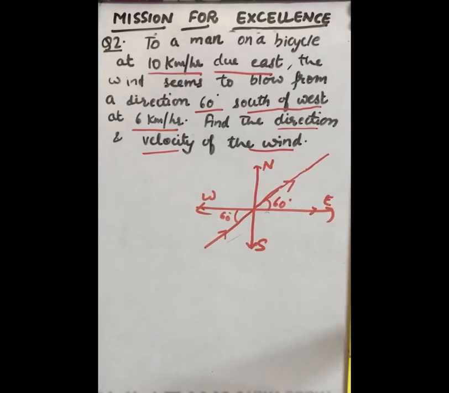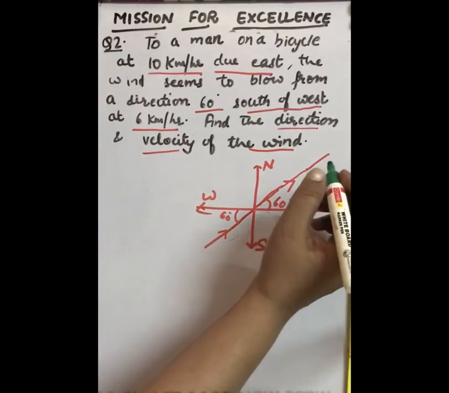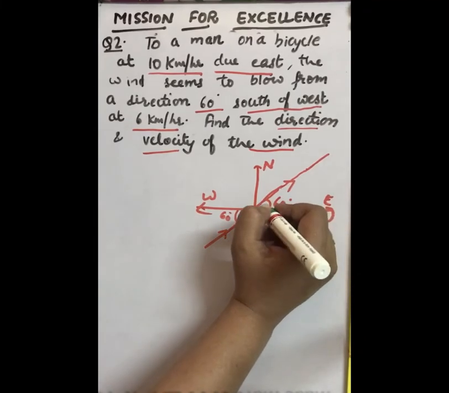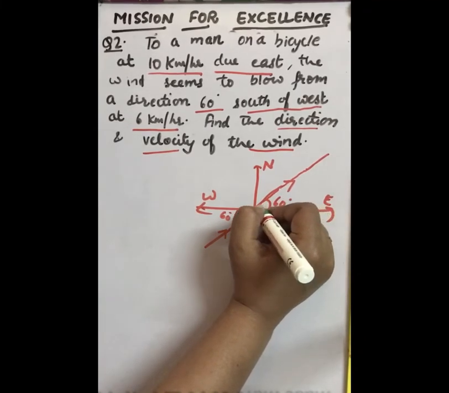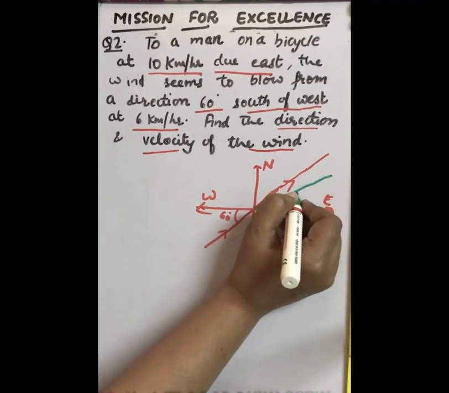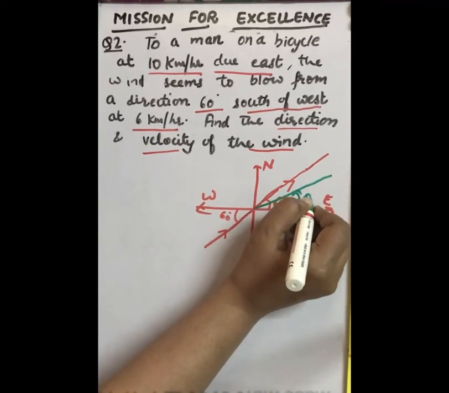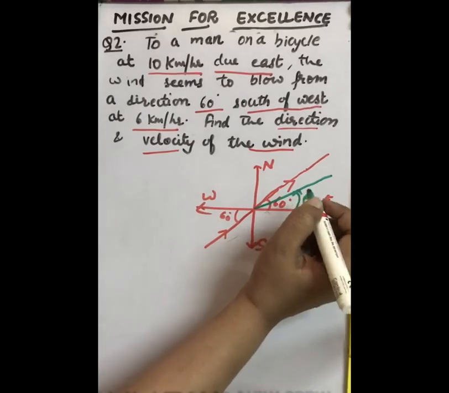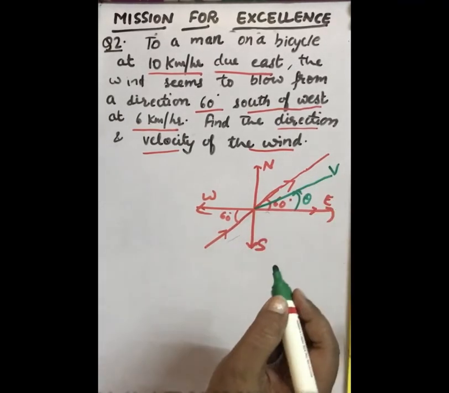So now let us take actual velocity of the wind. Let us take the wind blows with angle theta. Suppose this angle is theta, the wind is blowing actually with velocity v.